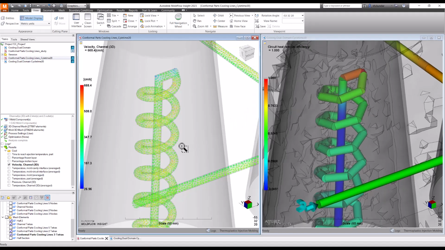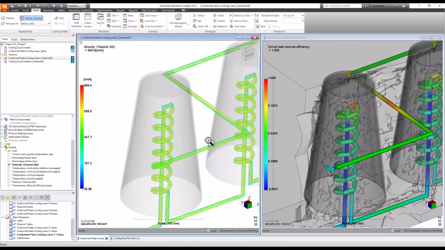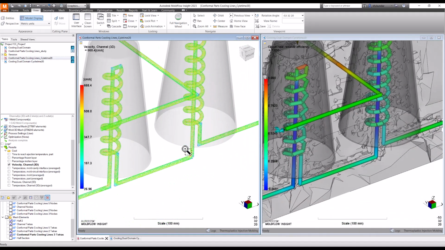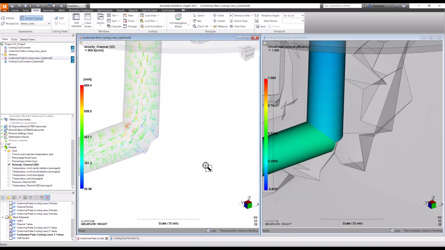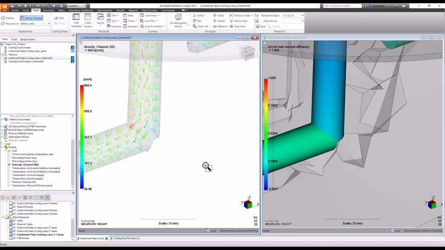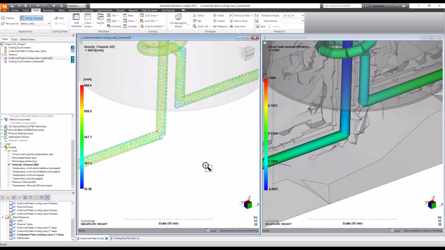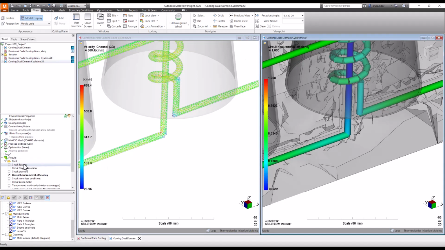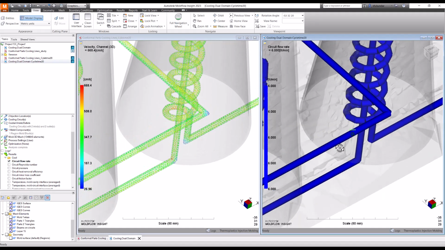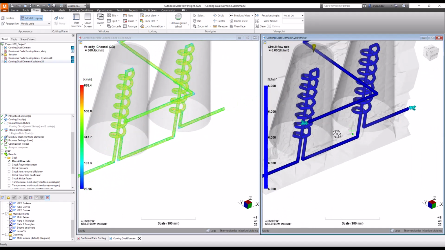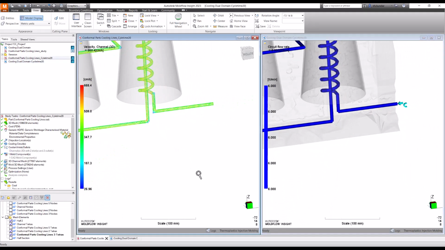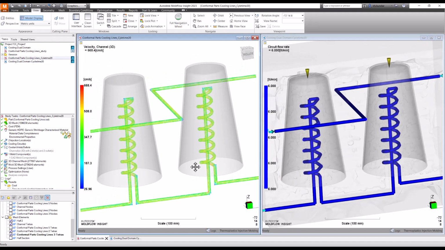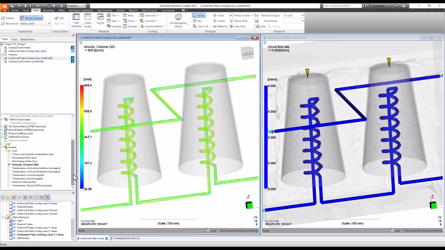Those things can be captured with the 3D mesh or the 3D channels, where there would be a lag with the 1D element. Here it shows pretty much uniform. It doesn't show any change in the velocity, though there would be a velocity change happening in the channels also.